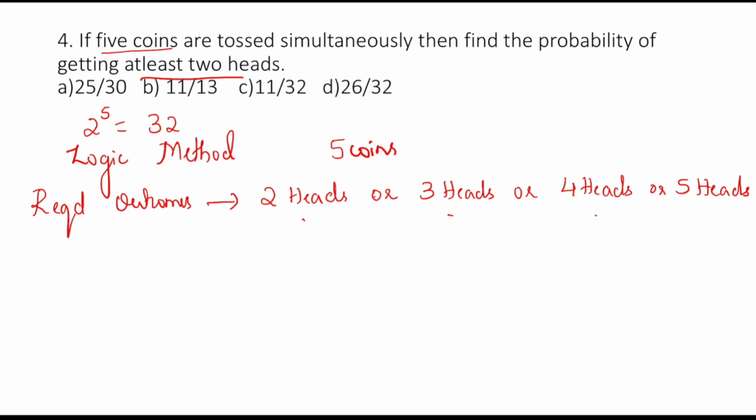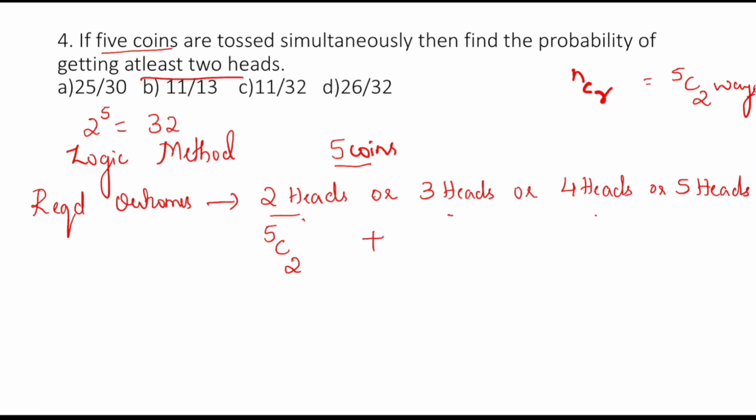Now there are 5 coins. For getting 2 heads, we can use the combination formula nCr. 2 heads we can get from 5 coins in 5C2 ways. Similarly, OR means what? Plus.